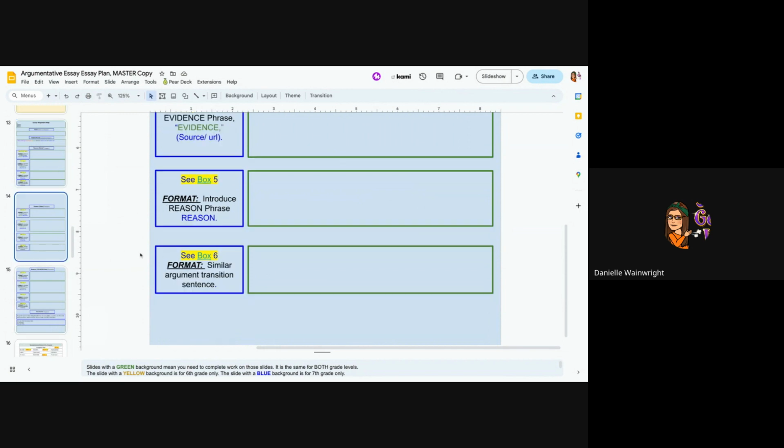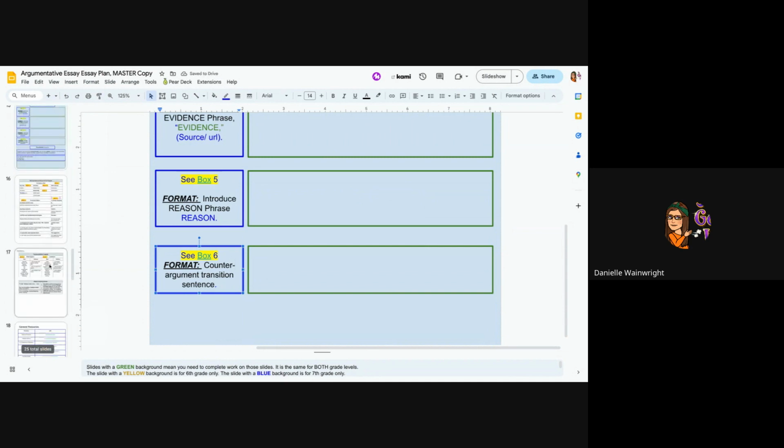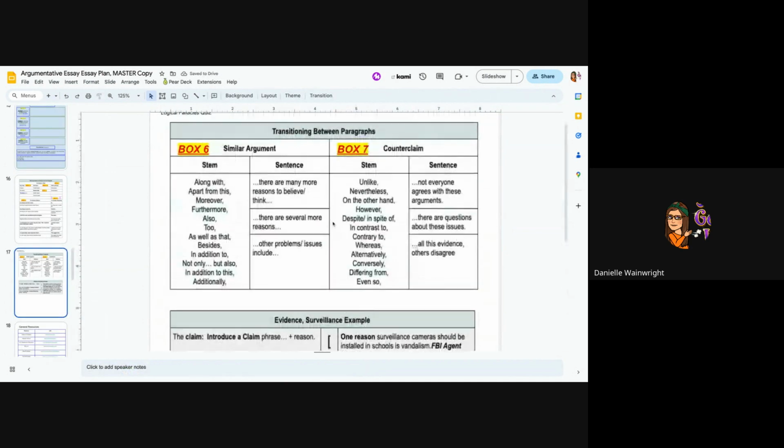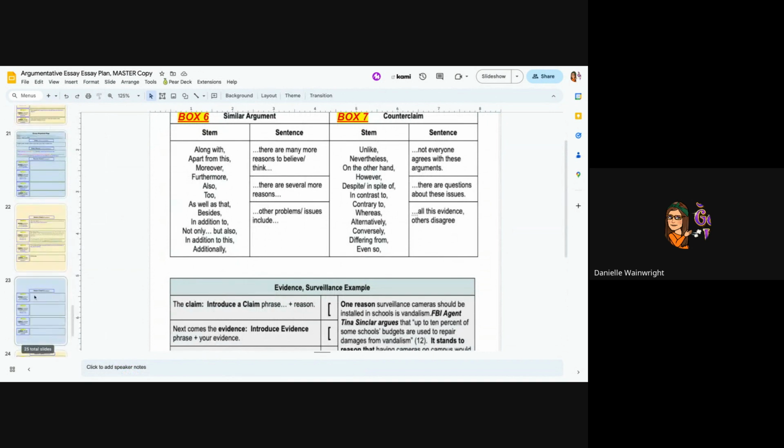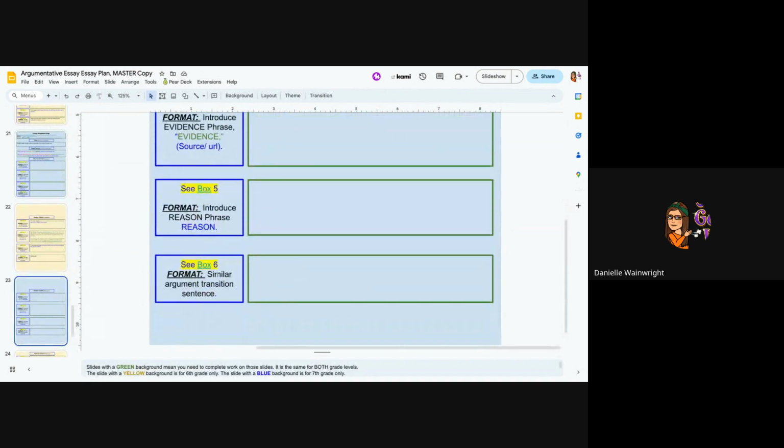So I'll just correct that in your packet, but this should actually say counter argument. Okay. A counter argument transition sentence. Counterclaim. Okay, so that should say counterclaim, and like I said, I'll fix it in your packets because your last claim is going to be a counterclaim.